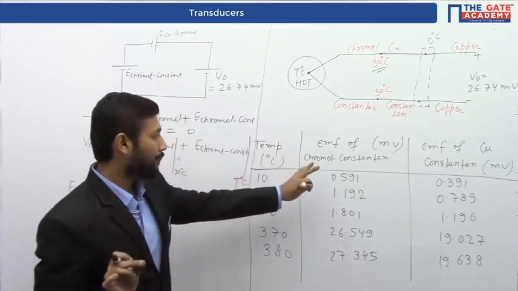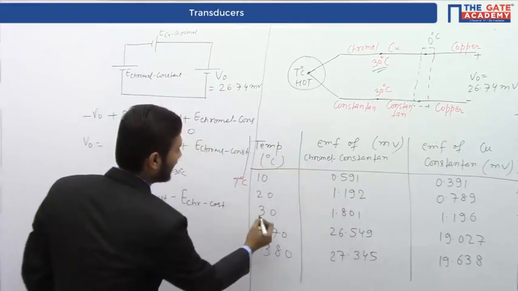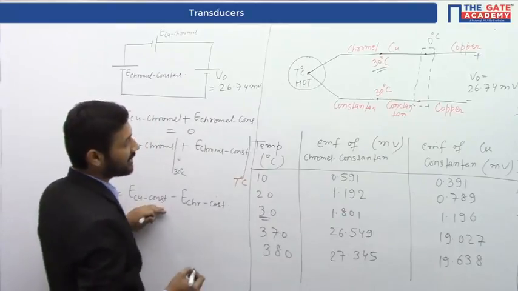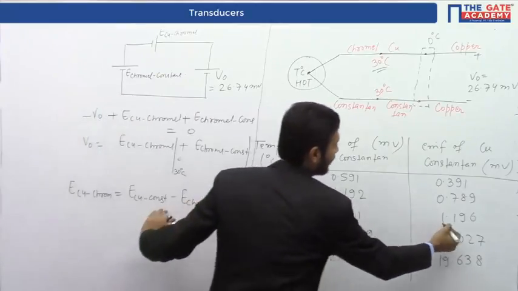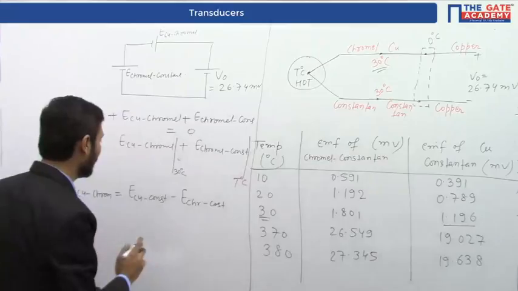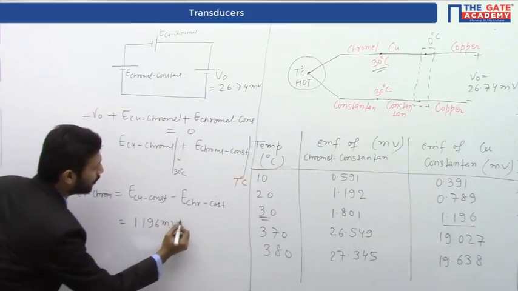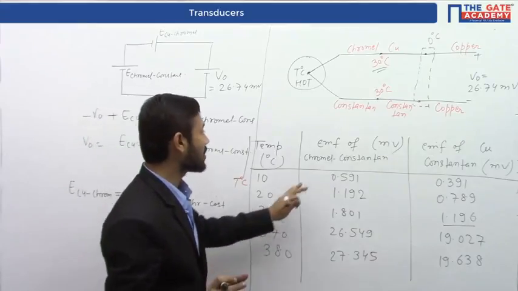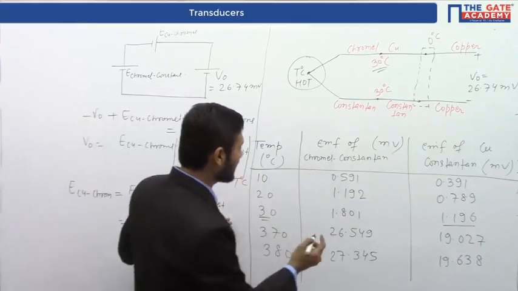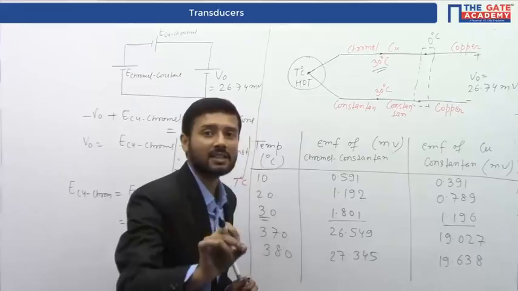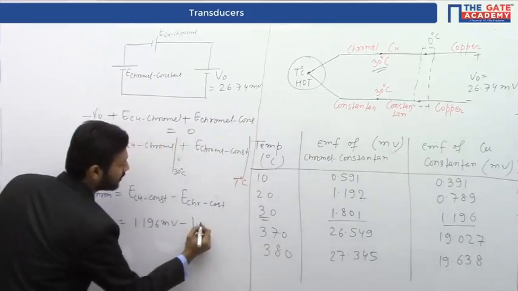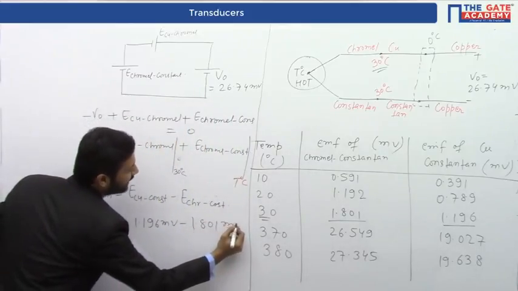So from this given table, at 30 degrees C, E copper constantan in millivolt is given as 1.196 millivolt, minus E chromel constantan at 30 degrees C, which is given as 1.801 millivolt.